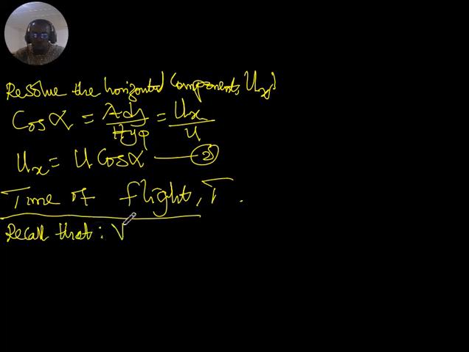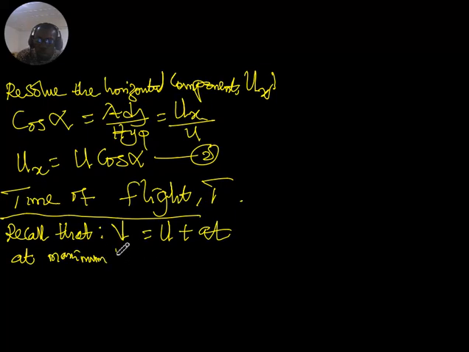Record that v equals u plus at. This is the first equation of motion. Now at maximum height, v is going to be 0.